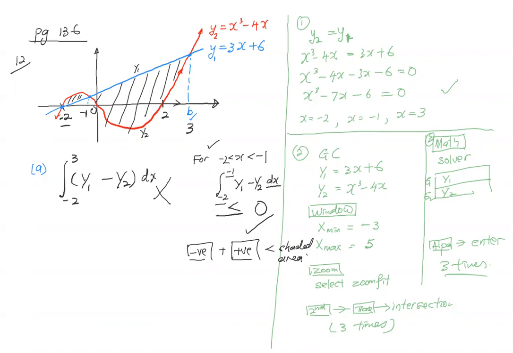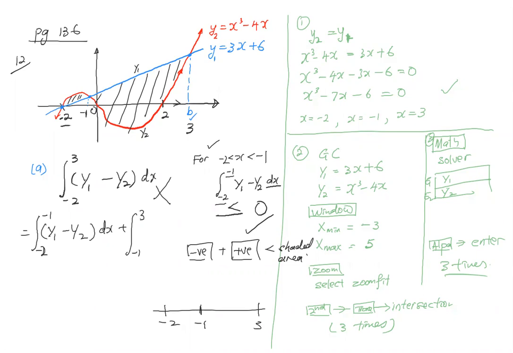Miss, I don't understand the part where you wrote negative plus the shaded area. Okay. So if I integrate from -2 to 3, and I want to bypass -1, we can split into 2 parts.